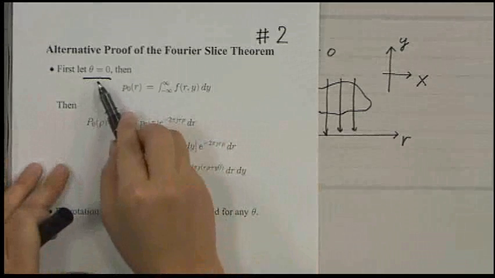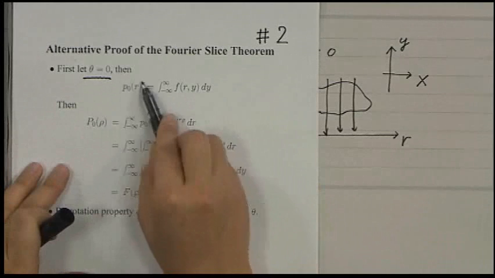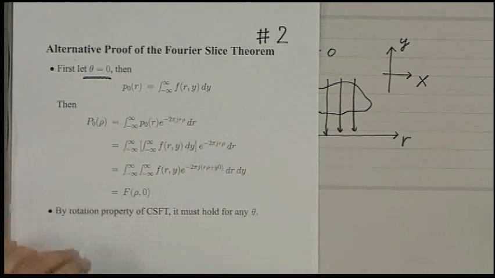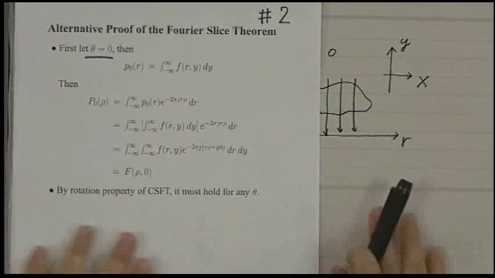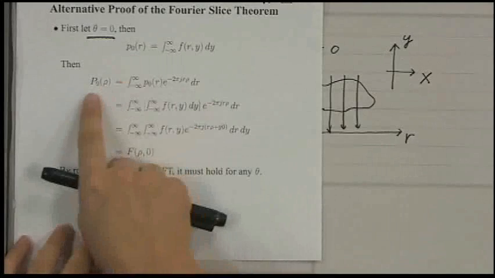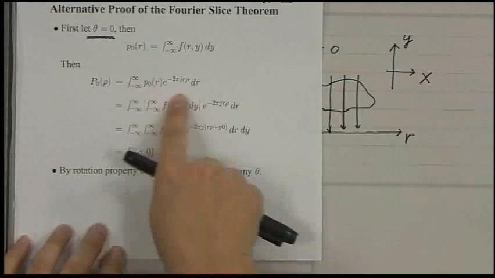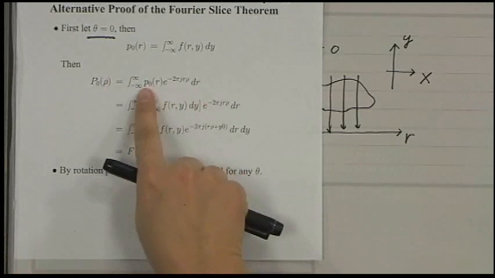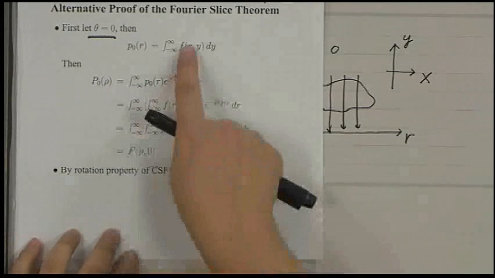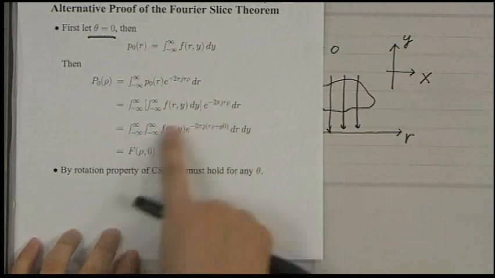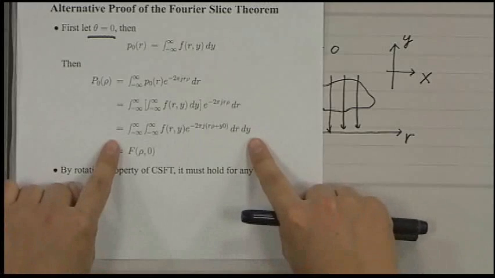So for the theta equals 0 case, the projection equation is simplified like this. Then we take a Fourier transform of p. This is just the definition of the Fourier transform, and we plug in this equation to here. And then we reach this form.